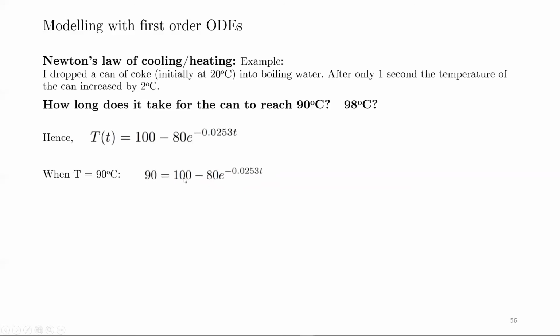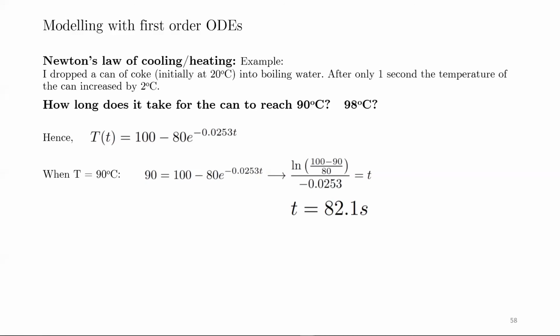So 90 minus 100 divided by negative 80, taking the log of that answer, and then dividing that answer by negative 0.0253. That will give us the time at which the temperature is 90 degrees. And if you do that, it turns out that is about 82.1 seconds. So this Coke is really heating up fast for some reason.